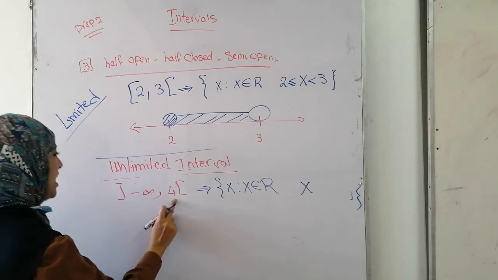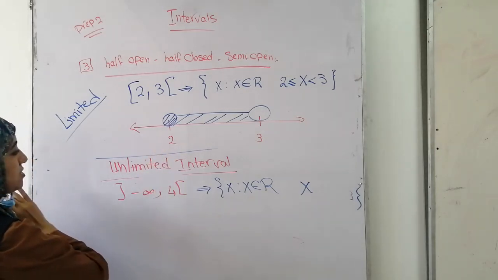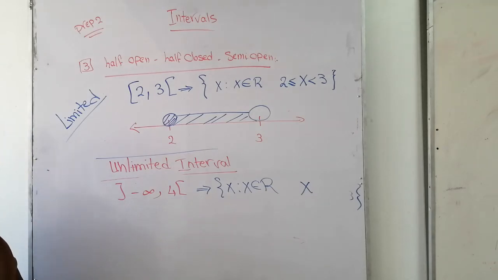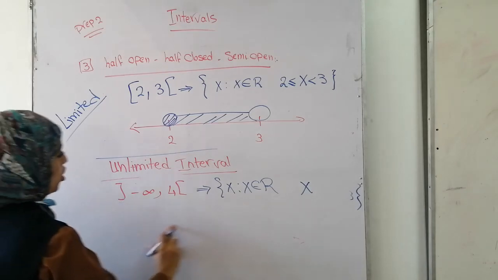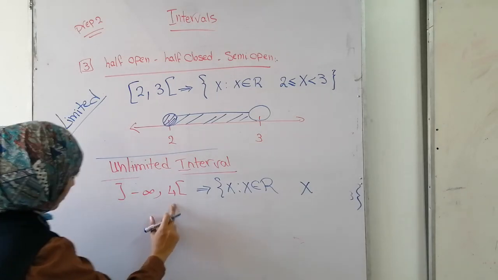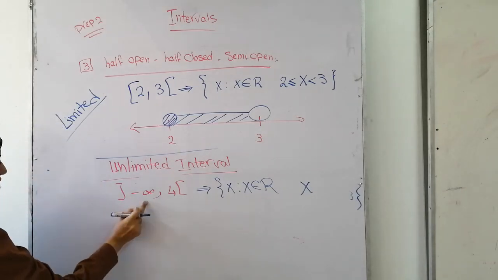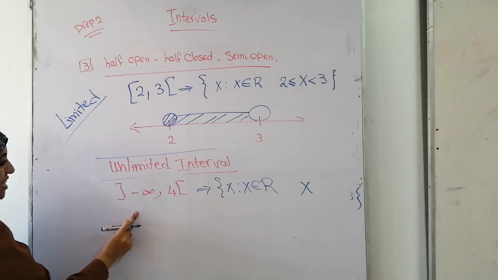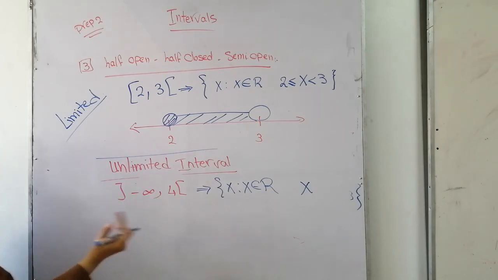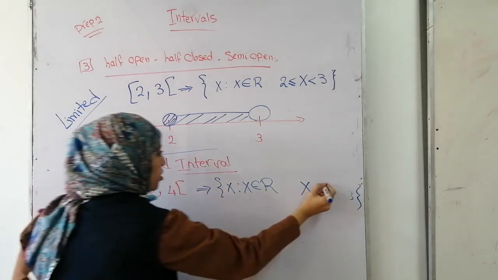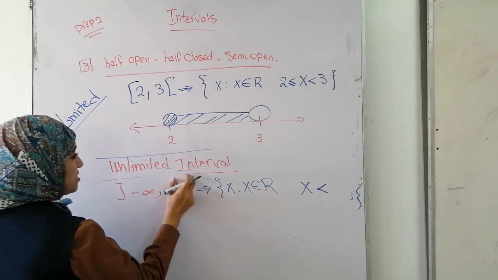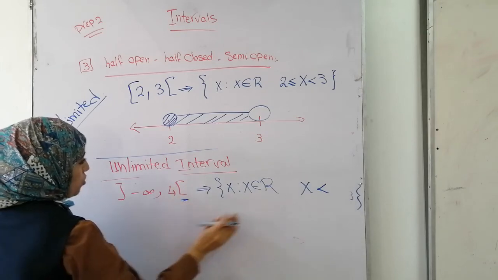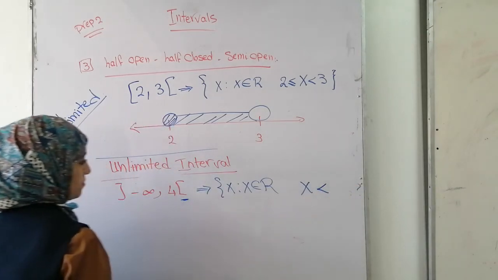No, it has an ending only and does not have a beginning. So for this 4, are the numbers smaller than it or bigger than it? It's negative infinity. So x is smaller than 4. Smaller and equal or not equal? The 4 here is open, so it's not equal.